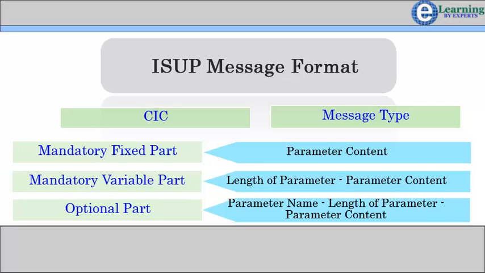Each optional parameter has the following form: parameter name, length of parameter, parameter contents. ISUP message structure provides a great deal of flexibility for constructing new messages.